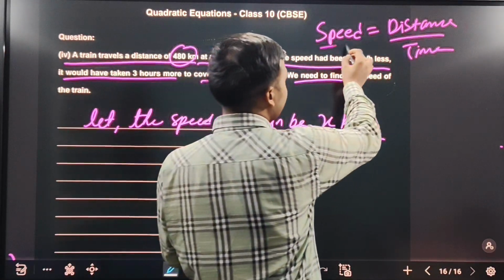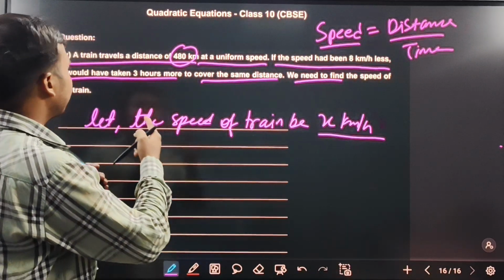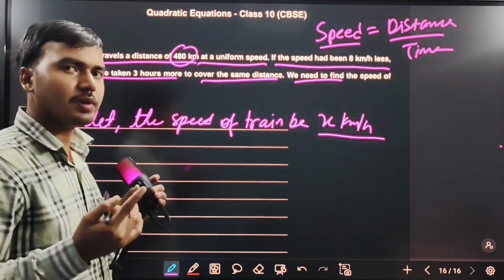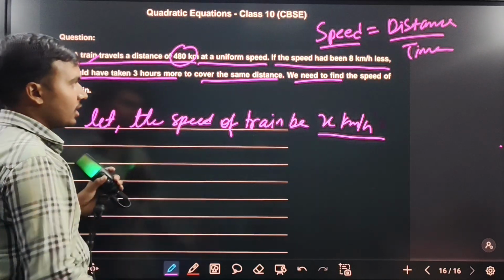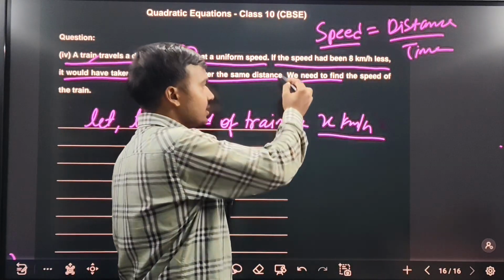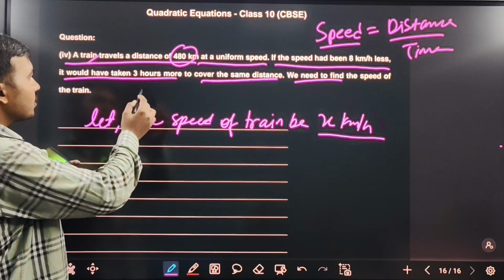Now speed is equal to distance by time, and here we are comparing with the time. So we will first take out the time required for this train and for this one, and we will compare them, because it has been given that it takes 3 hours more.